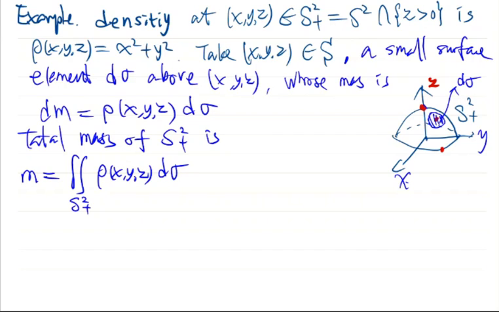Our total mass M of this hemisphere would be the integral of the mass element. Okay, now rho is x squared plus y squared, so we are required to compute this.